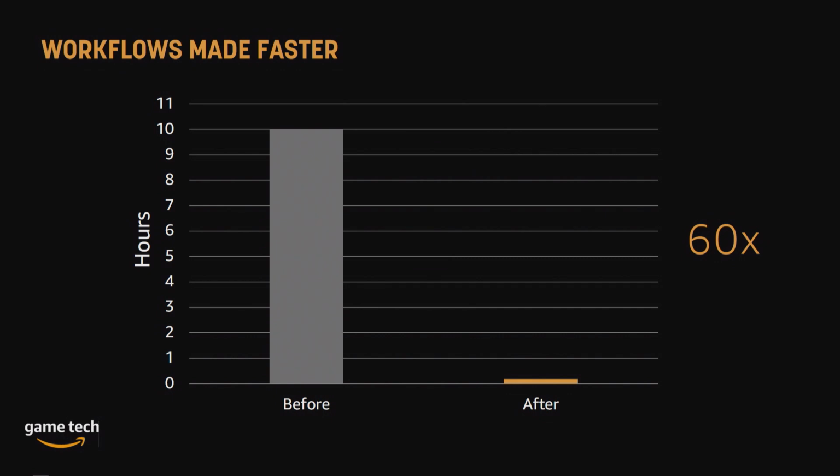Two, by offloading it to the cloud, even for that 10 minutes, your machine is free to do what you want with it. And then third, you're using tools that you're familiar with. This is procedural terrain generation using World Machine. So game artists who are familiar with this tool are able to see this benefit without necessarily changing tools.